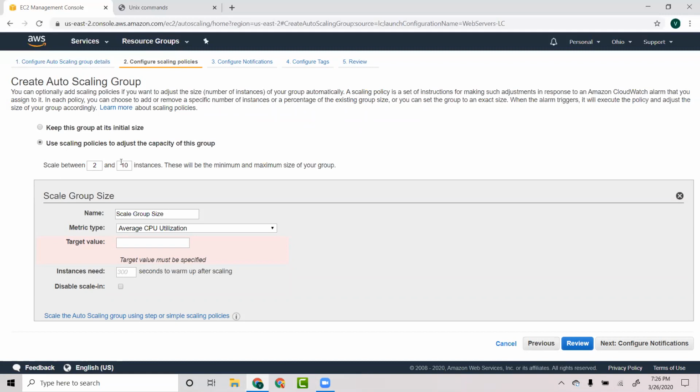I don't want to pay. So you can specify an absolute minimum and absolute maximum. It will not go below 2 and will not go above 10 at any point. It will scale between 2 and 10 instances. Does it make sense?